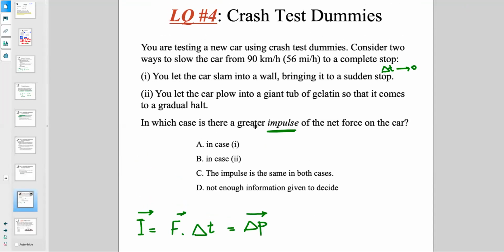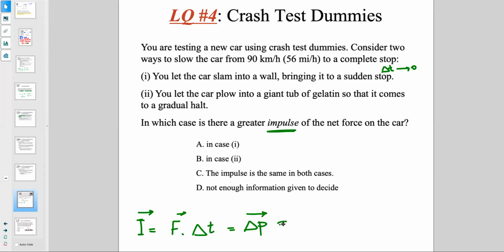So in other words, the dummies in the car will eventually end up at a velocity of zero. One in a very short period of time, which is case one, and case two in a much longer period of time, okay? But they will eventually stop, so the delta p would be the same.